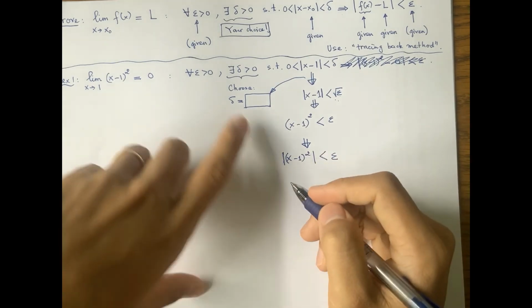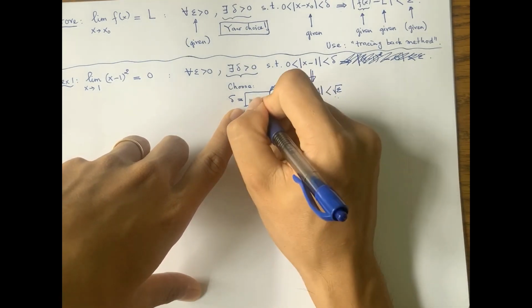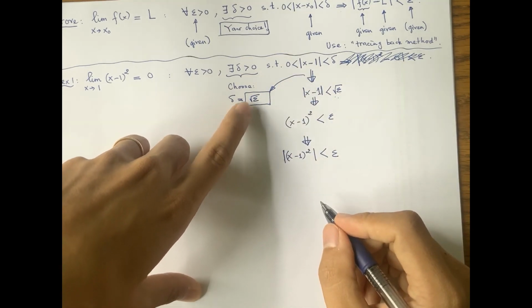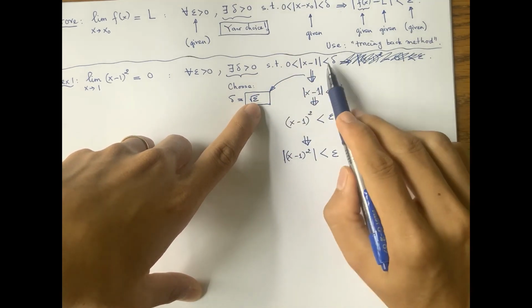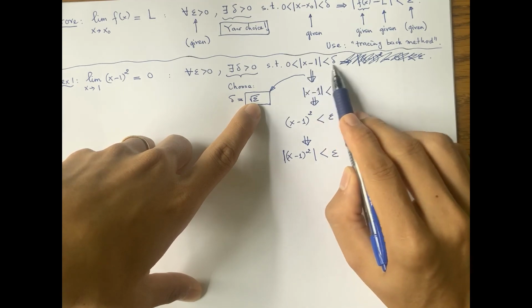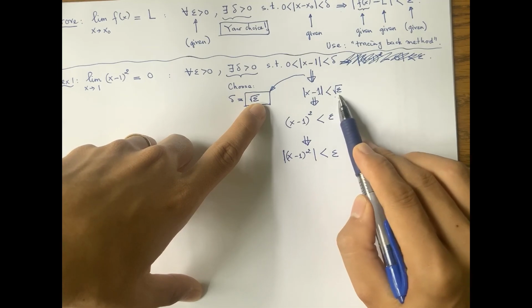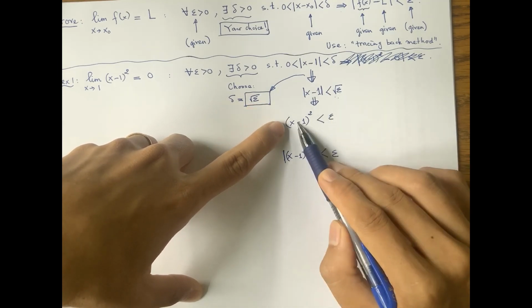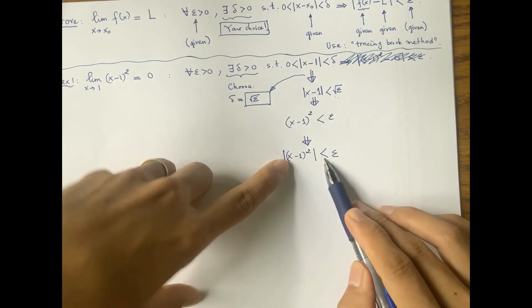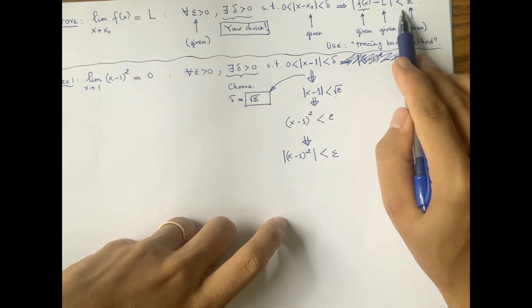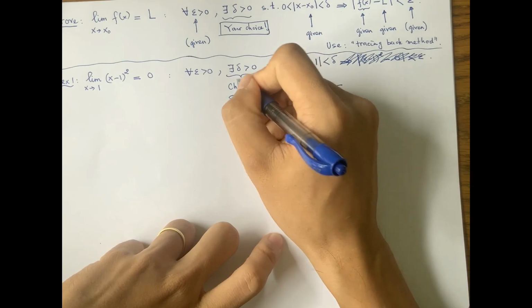And a very simple choice is to make delta equal to the square root of epsilon. If you do so, having absolute value of x minus 1 less than delta is the same as having it less than the square root of epsilon. And then you just square it, and then you get to the conclusion. And we are done by the choice here.